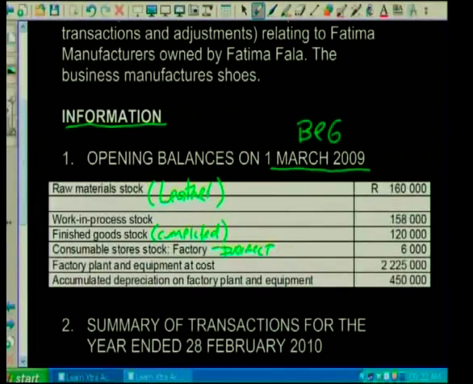I really don't know how shoes are manufactured, but it could be the glue or the shoe polish that is used at a later stage. So it's an indirect item that is used in the making of the shoe itself. Then we've got factory, plant and equipment at cost given to us, and accumulated depreciation on factory, plant and equipment.